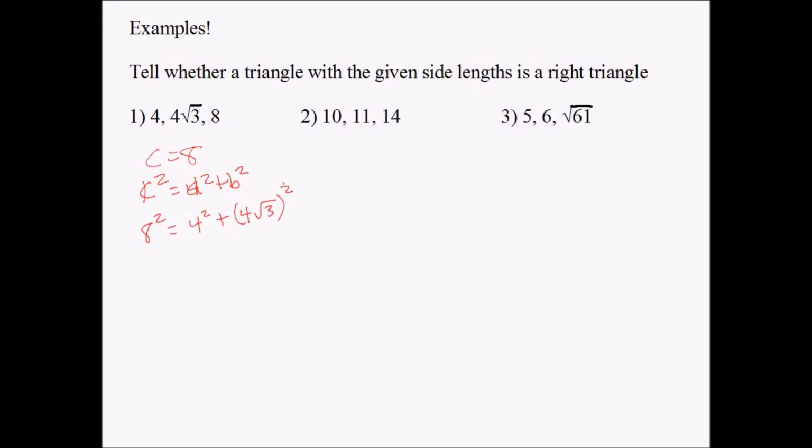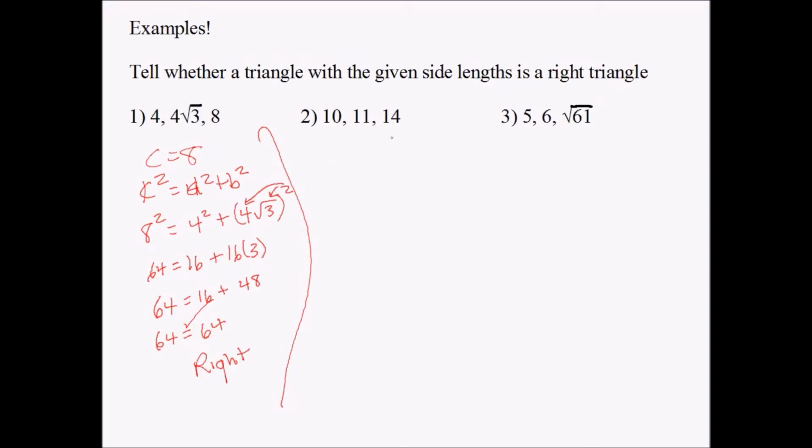If you remember from Algebra 1, this square needs to go with that 4 and with that 3. So this is going to be 64 equal to 16 plus 16 times 3. So I have 64, which is equal to 16 plus 48. And so I have 64 equal to 64. So you have a right triangle because they're equal to each other.